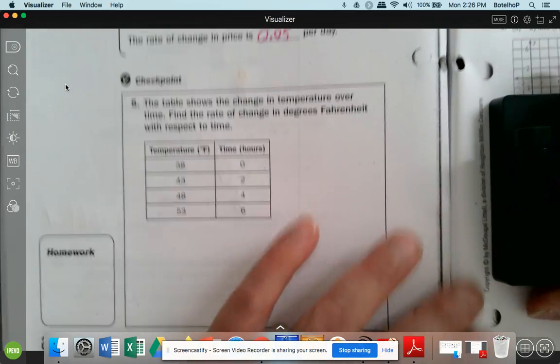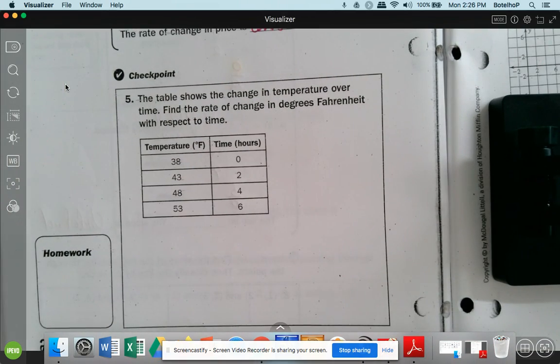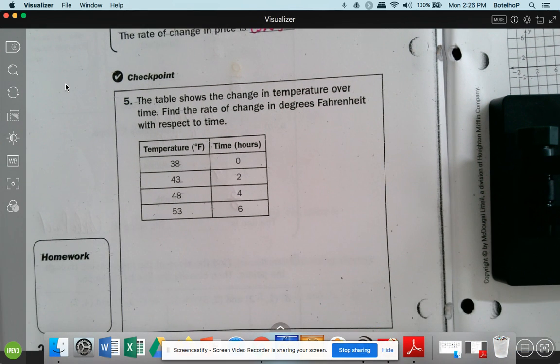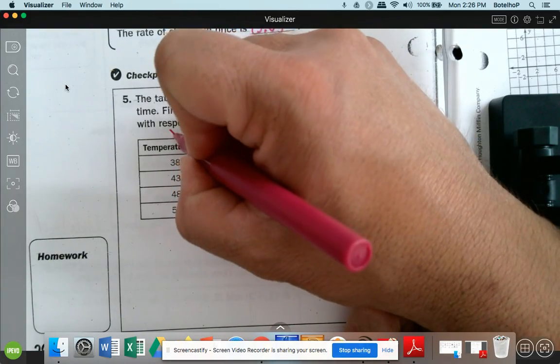All right, so this question is the last checkpoint you'll be doing today, number 5. The table shows the temperature over time. Find the rate of change of degrees with respect to time, okay? So let me just make sure I set you up on this before you enter your answer. This one's set up a little different. So the dependent is really over here. These are your y's.